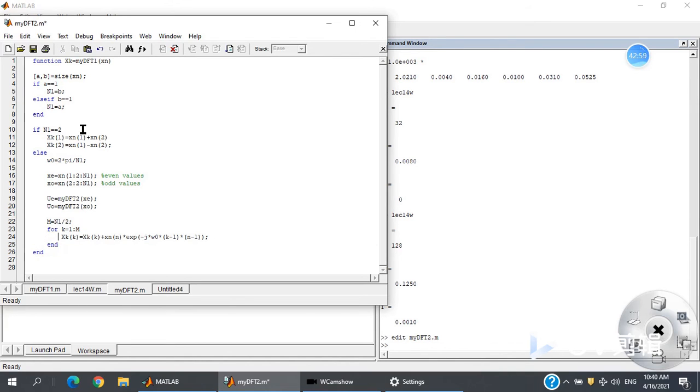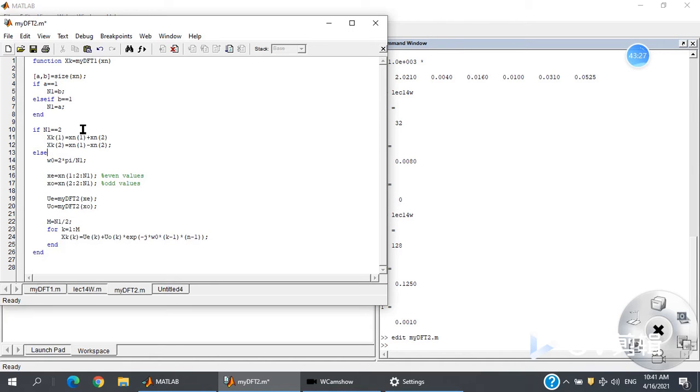Okay, I need Xk equal to ue, the even part of k, plus the odd part, uo of k, times the exponential power.